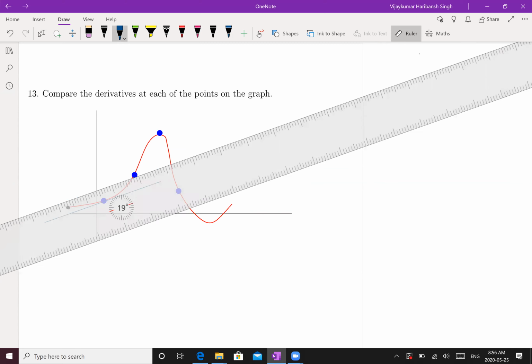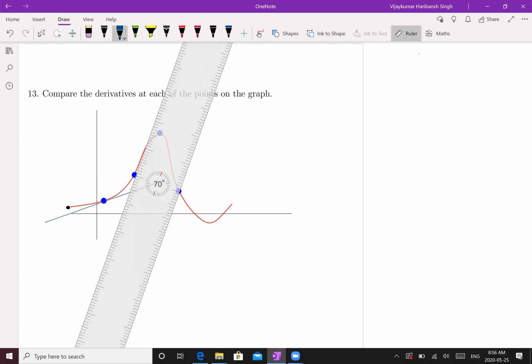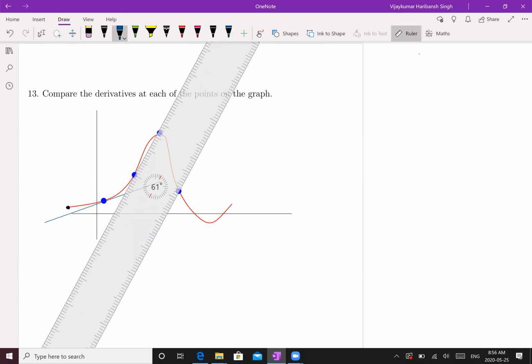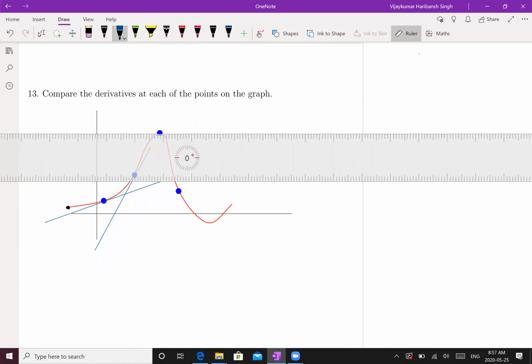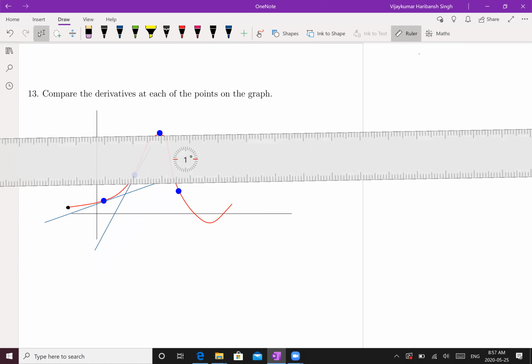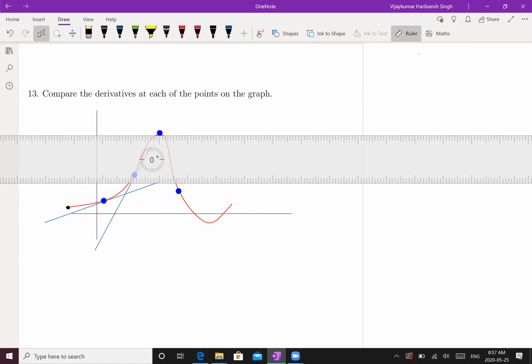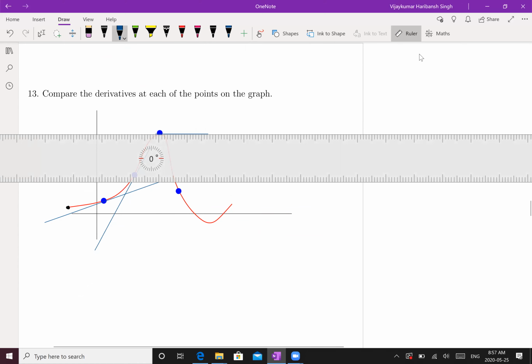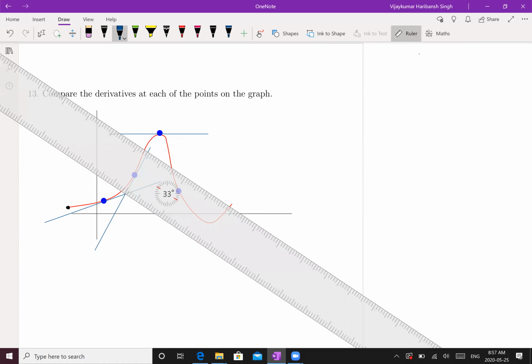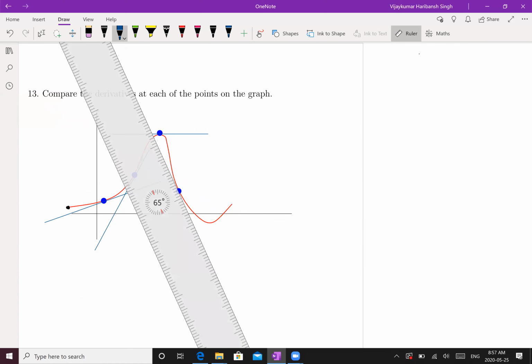At this point the tangent line will be, and at this point the tangent line is going to be, and at this point the tangent line is going to be.